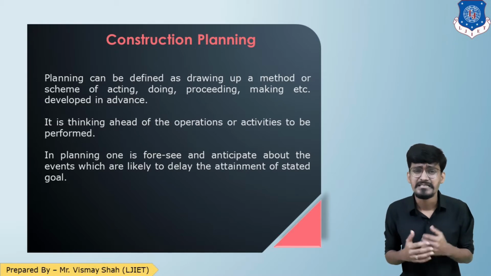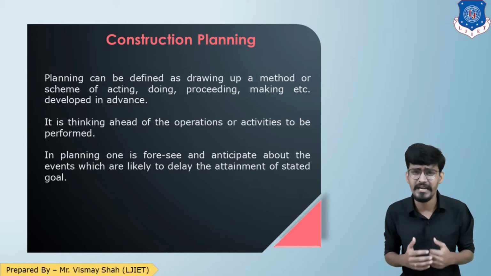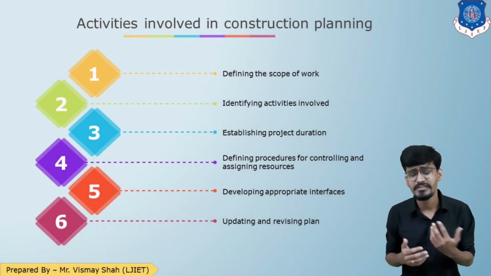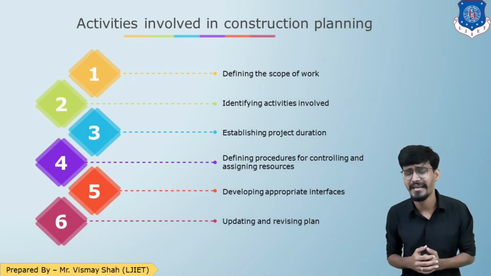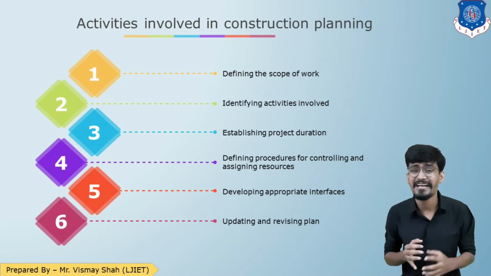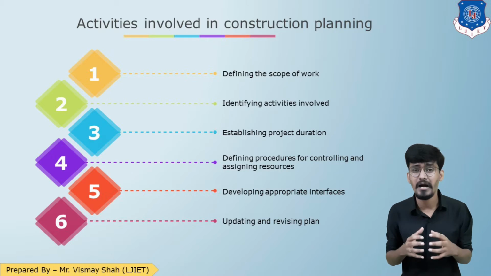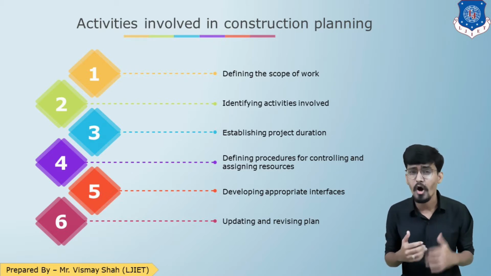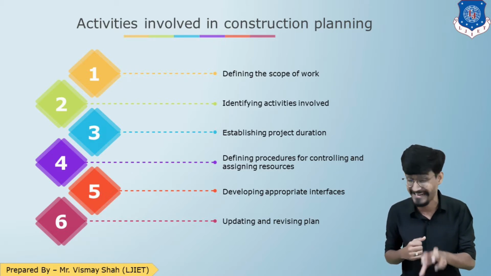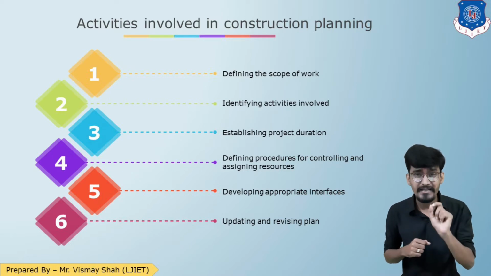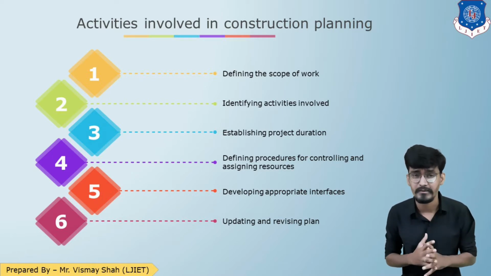Now let us see some of the activities which are involved in the planning. So here are the activities which are involved in construction planning. The first is defining the project scope, that is, what work will come under the contractor or the organization which is currently planning the project, what exactly the scope of work is.